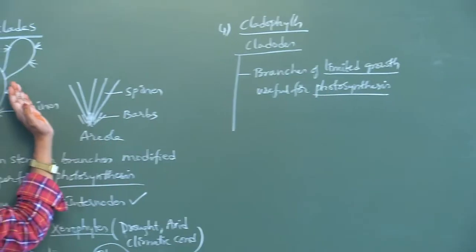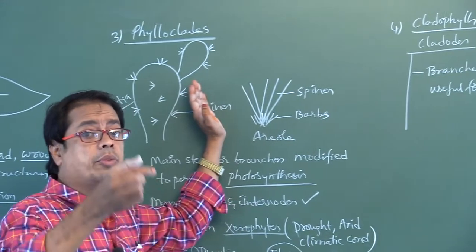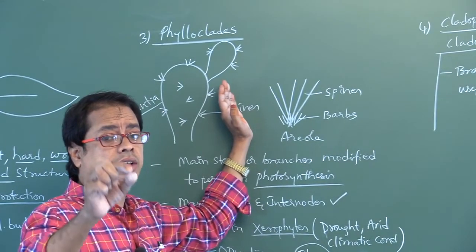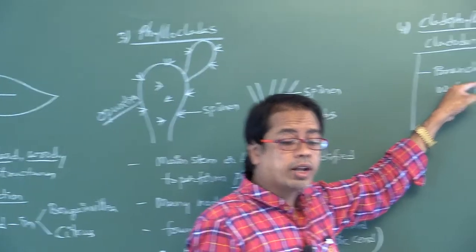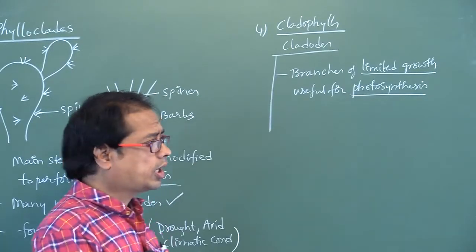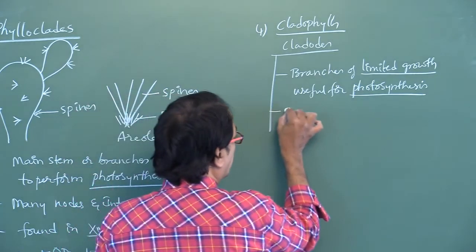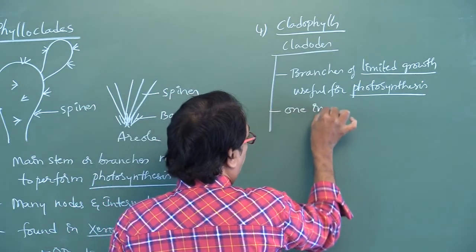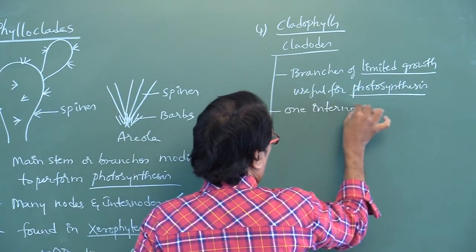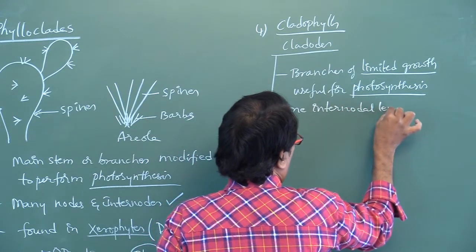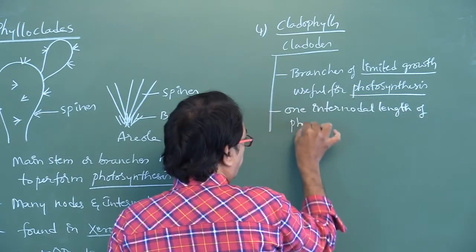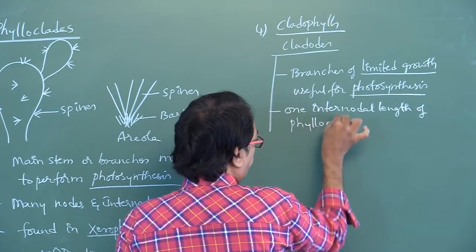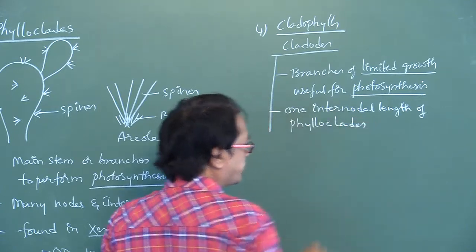Here this phylloclade contains unlimited growth. Main stem or the branches unlimited growth. Here it is limited growth branches. So that is one internodal length of phylloclades.